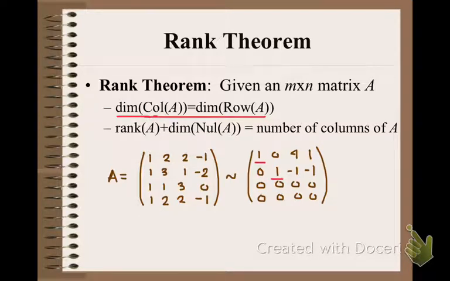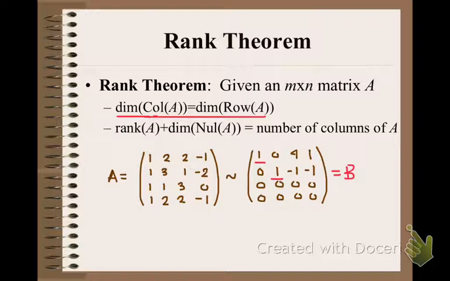Notice that the number of pivots also indicates the number of non-zero rows of the matrix B, the row echelon form. And that tells us the number of vectors in the basis for the row space. Any row that does not have a pivot is going to be a row with zeros. So the number of pivot columns is equal to the number of rows with pivots.